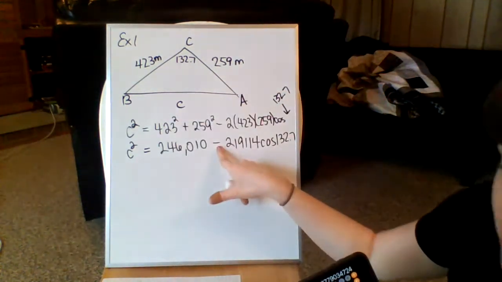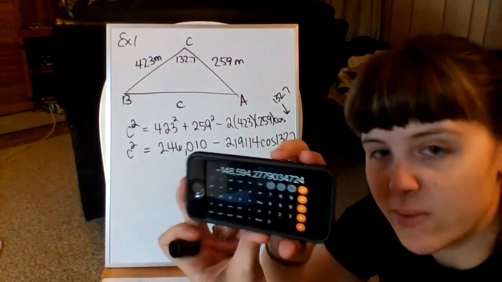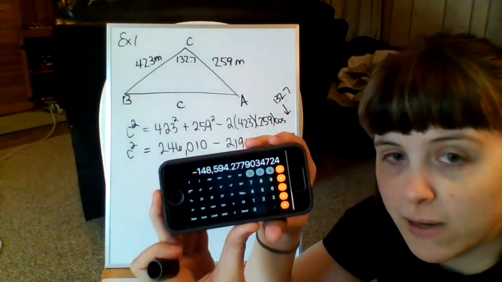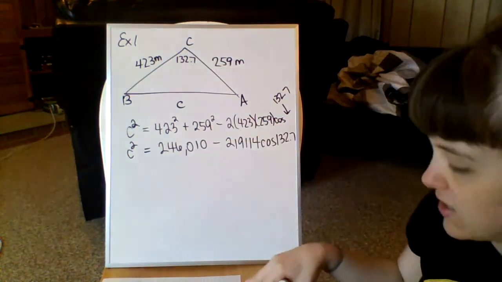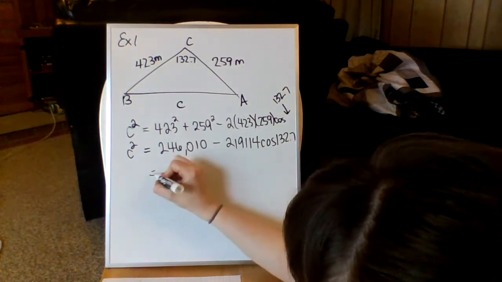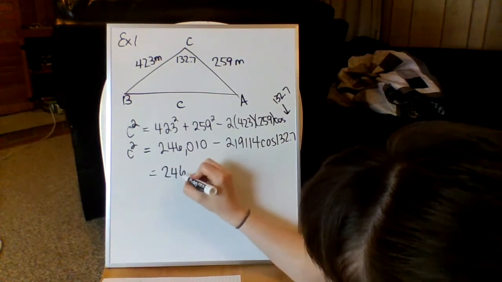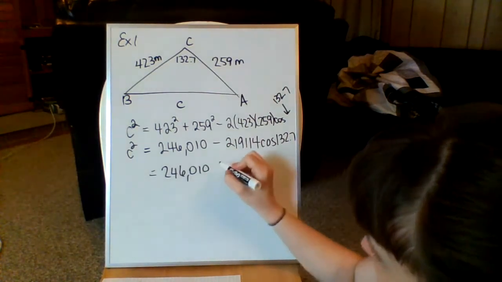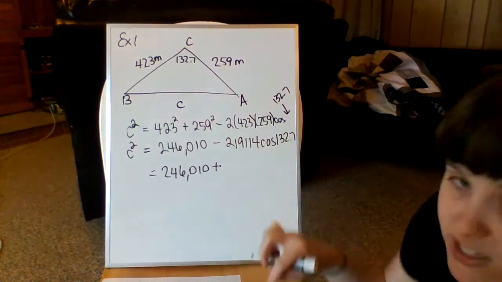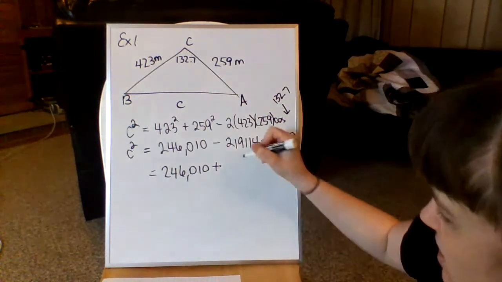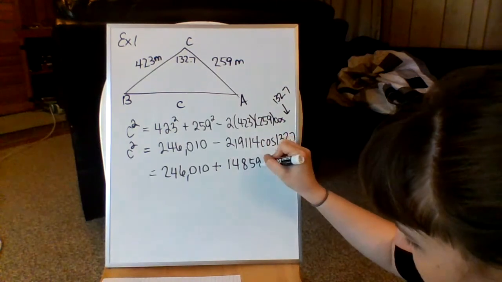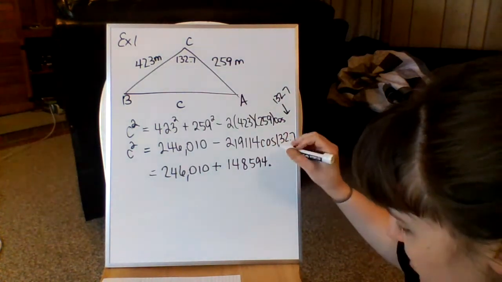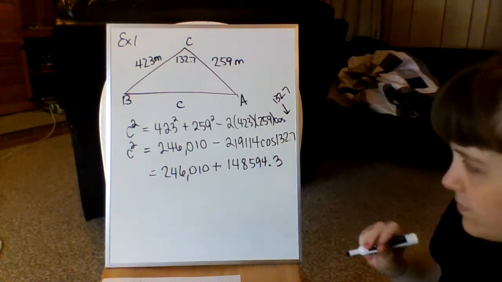Do you notice how this is a negative number? But this right here says minus. So do you remember what happens when you have a negative and a minus? It would become a plus, right? So we're going to have this number 246,010 plus, because that was a minus and our answer was a minus, 148,594, and we're going to just round it to 0.3.